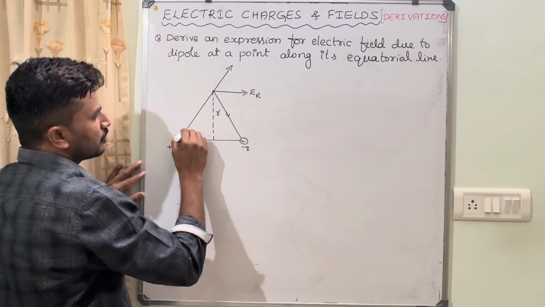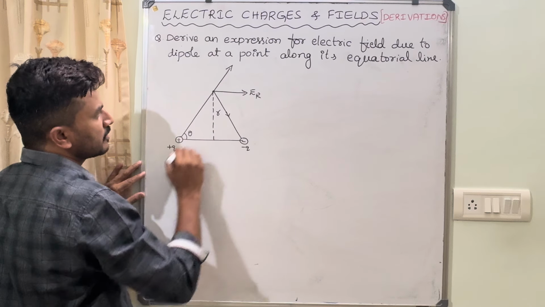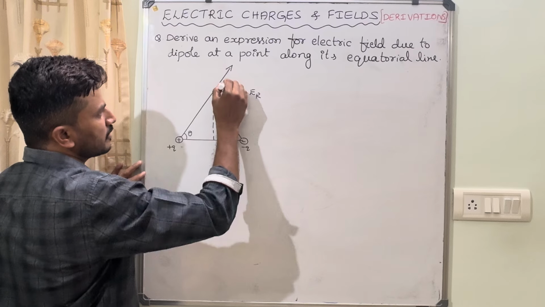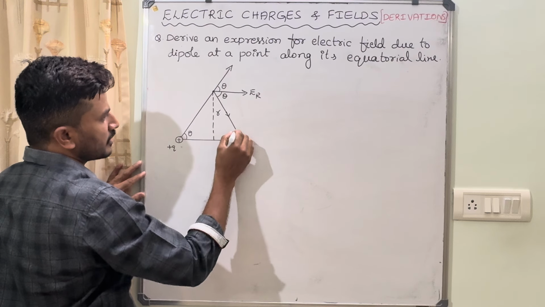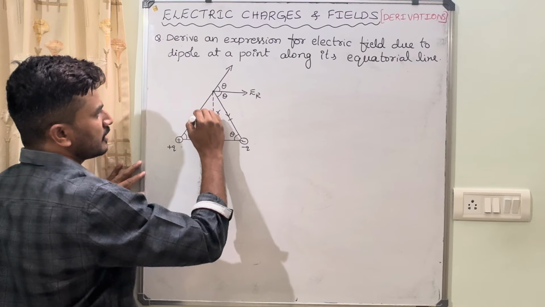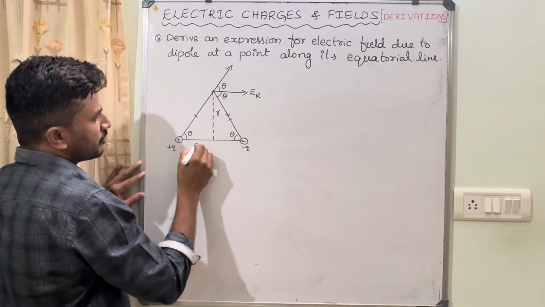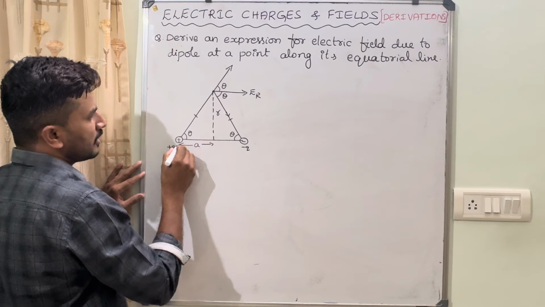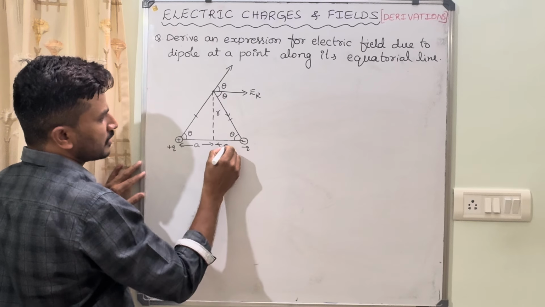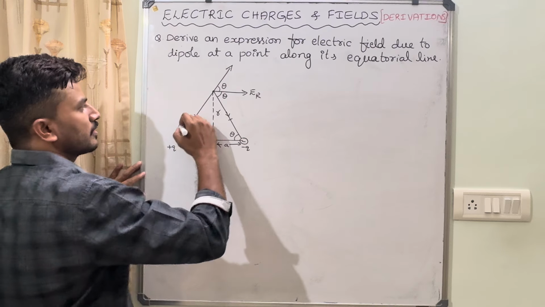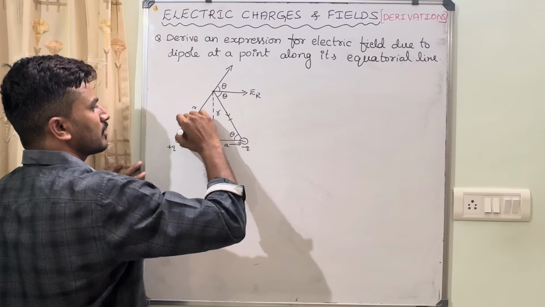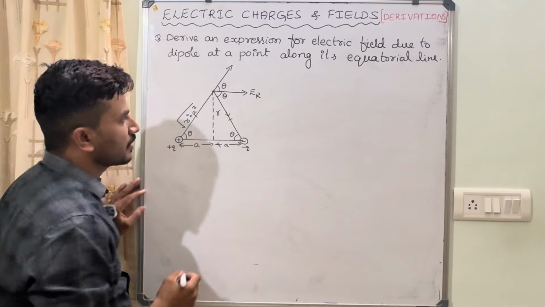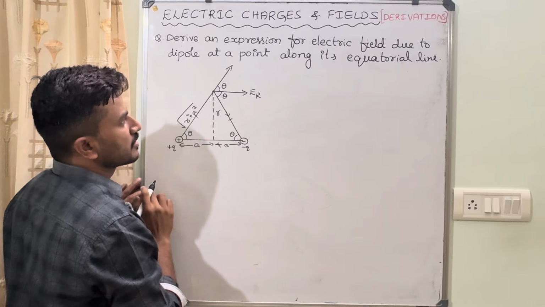Let us consider this is theta, this is theta, this is also theta, therefore this one is also theta, because this side is equal to this side. Let me take from here to here the distance is a, from here to here is also a, therefore this distance will be under root r square plus a square. So this distance is equal to this distance.